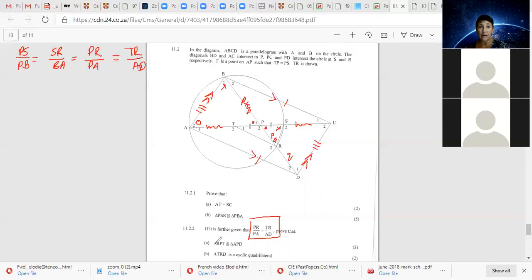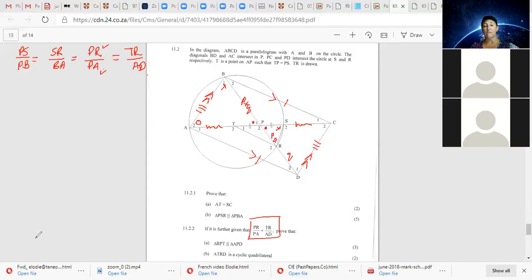We're using RP, AP, PT and PD, and RT and AD. They should automatically be the same then. Because if this ratio is the same, then we're working in triangle RPT and APD. There we go. It's the same letters.